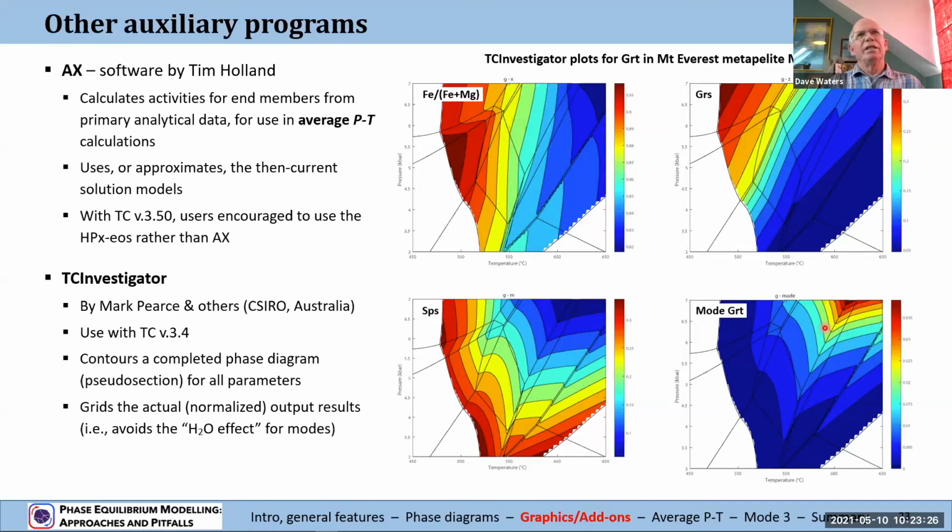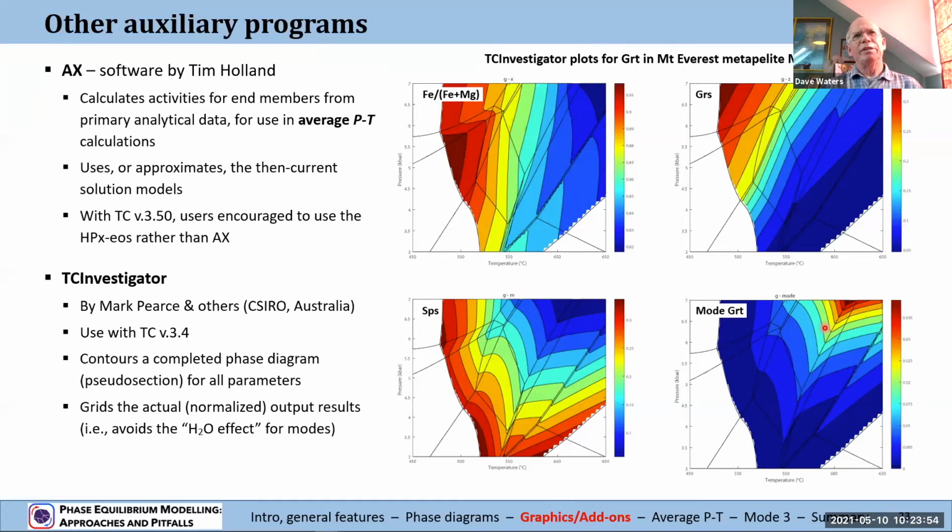TC Investigator gets around some of these problems with contouring phase diagrams. It's developed by Mark Pearce and others. It's available from the website in Australia, and I've put the reference in the bibliography at the end of this presentation, and it can be used with any of the 3.4 versions.